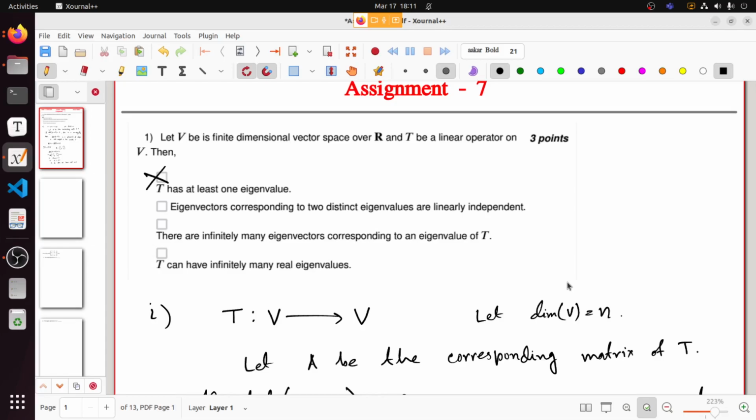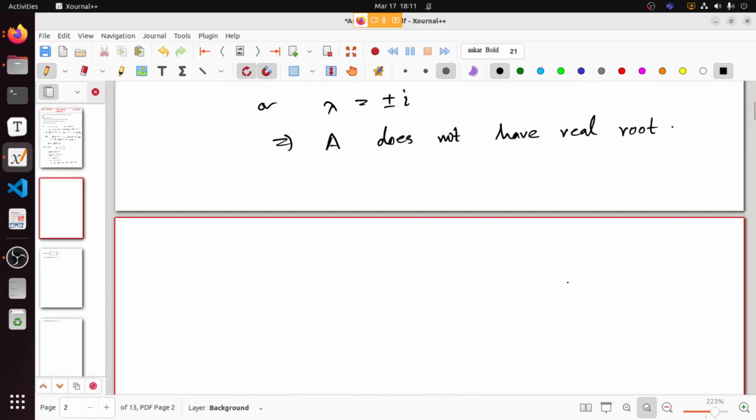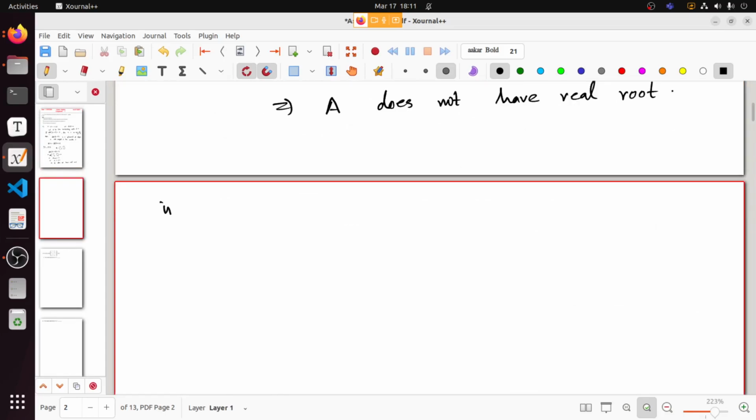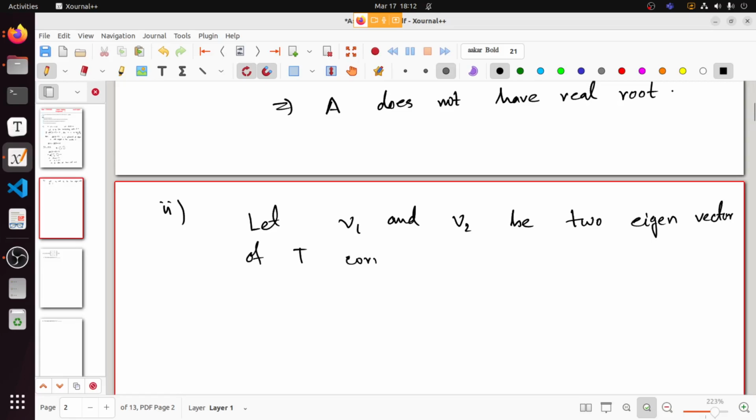Let's move to option 2. It says eigenvectors corresponding to distinct eigenvalues are linearly independent. Let's check this. Let v1 and v2 be two eigenvectors of T corresponding to lambda 1 and lambda 2, where these two are distinct, lambda 1 not equal to lambda 2.